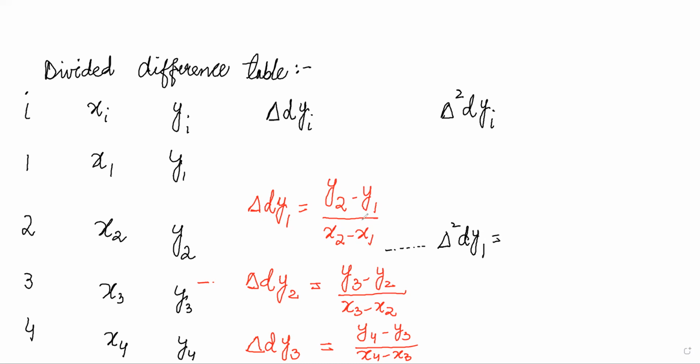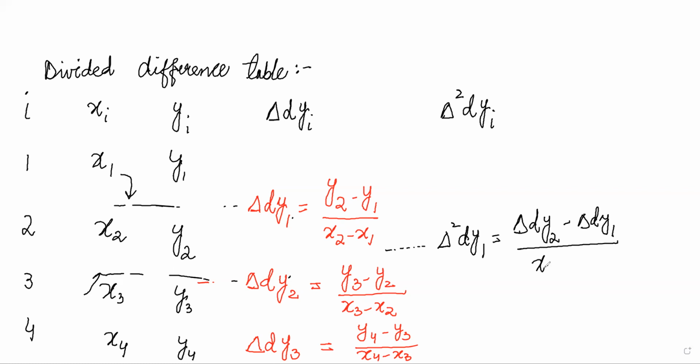The difference of these two will be delta d y2 minus delta d y1, divided by, so when you have to divide, you see this entry is after x1, and this entry is before x3, so it will be x3 minus x1.